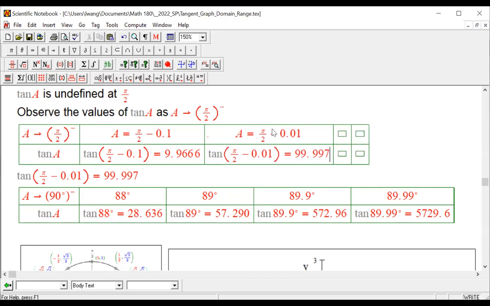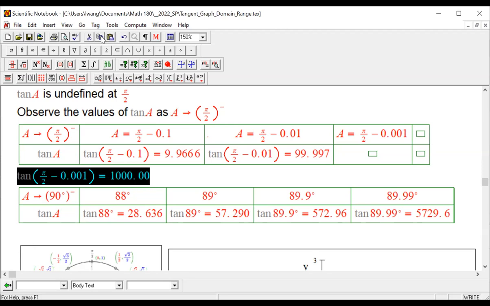How about we choose an angle even closer to pi over 2, but still smaller than pi over 2? Let's see what we get. 1,000, approximately. I think it's an approximation.